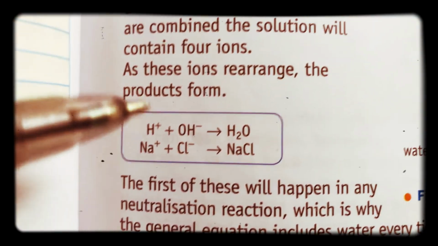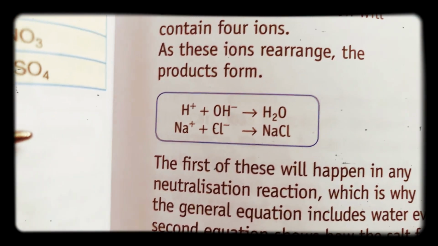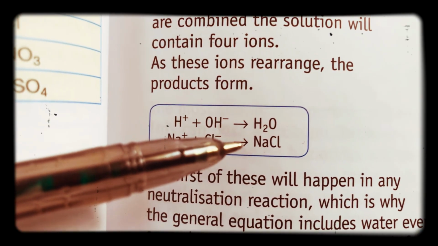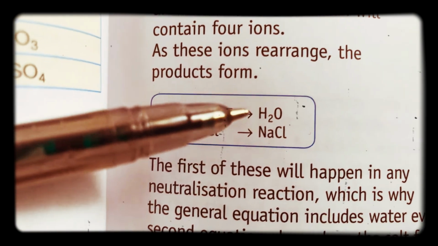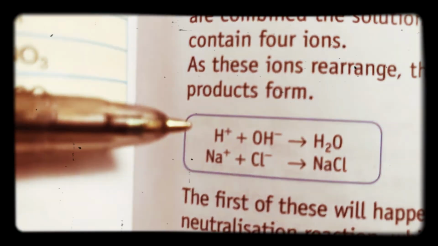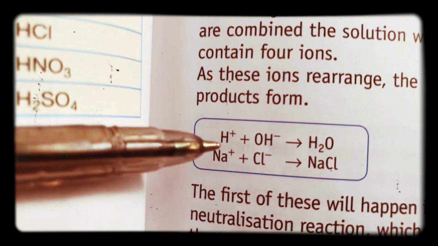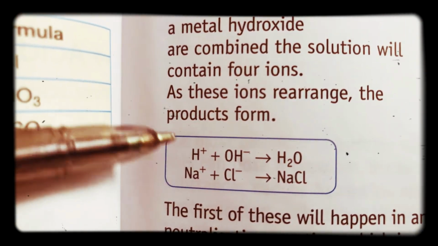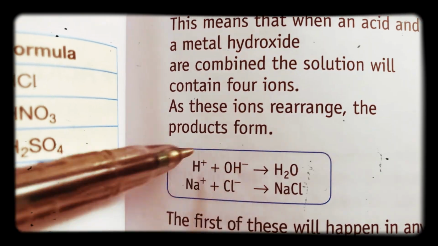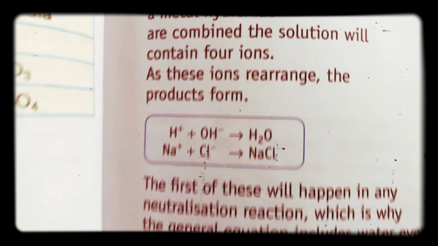So the overall equation for that is hydrochloric acid plus sodium hydroxide reacts to form sodium chloride salt plus water. Okay? So this reaction will happen whenever you have a neutralization reaction, because neutralization is defined as a reaction that uses up protons, like this H+, to form water.